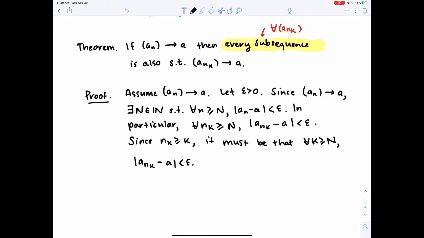If I make the restriction, if I say that little k has to be at least capital N, then that automatically guarantees that little nk is in the tail. And that's exactly what we want.